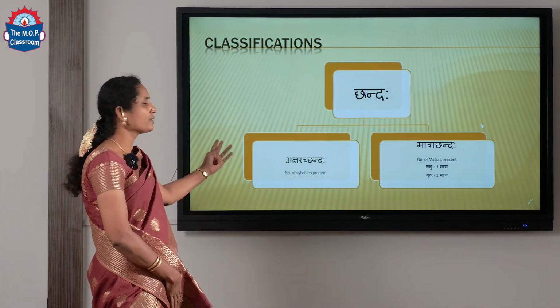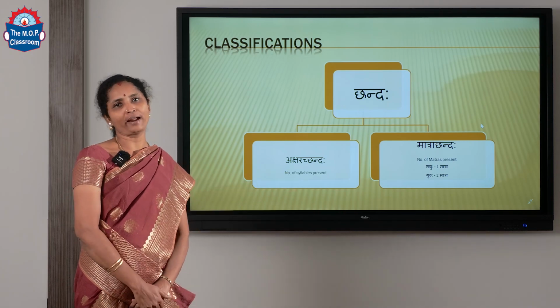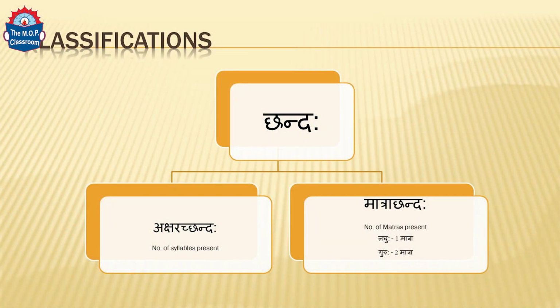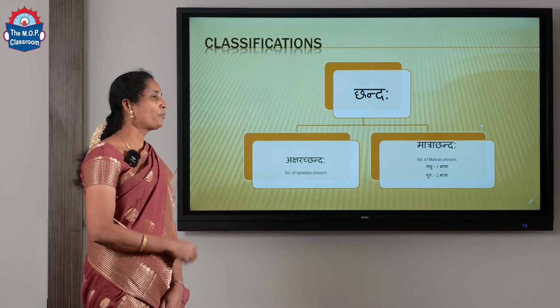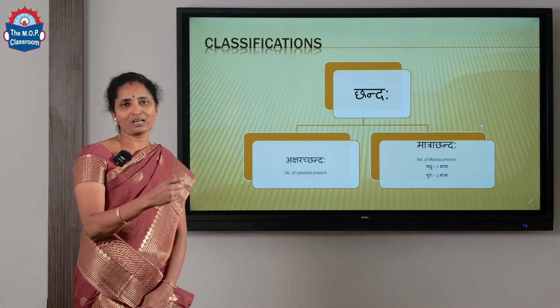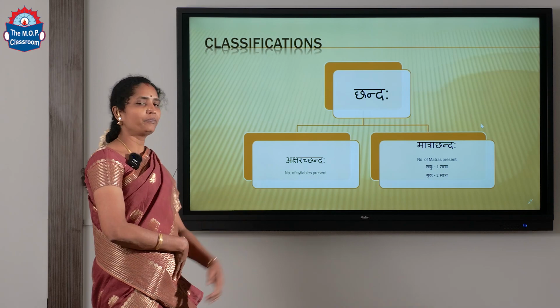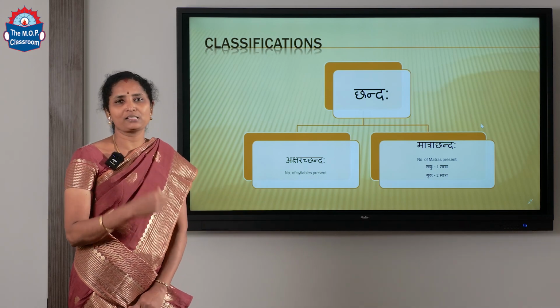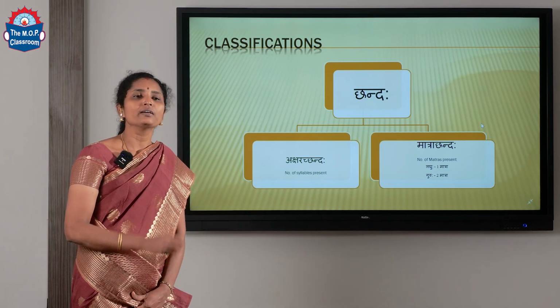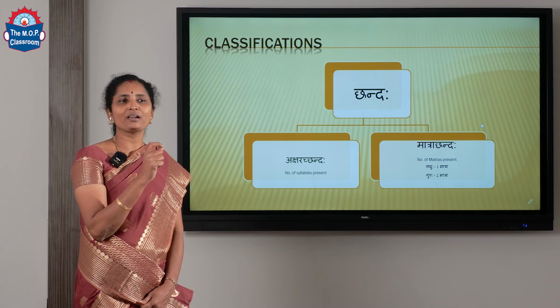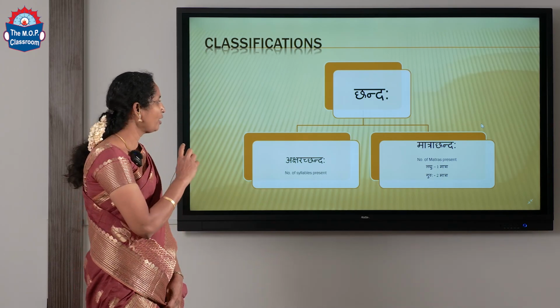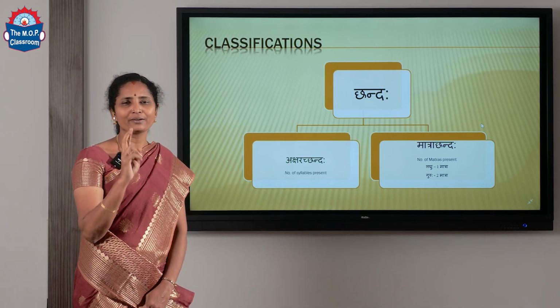This Chandas is divided into 2 categories. One is Akshara Chandaha and the other is Matra Chandaha. Aksharam, we all know, is a syllable. Based on the count of the syllables, Akshara Chanda is constructed, and based on the matras, Matra Chanda. Matras means a short vowel has 1 matra and a long vowel has 2 matras.